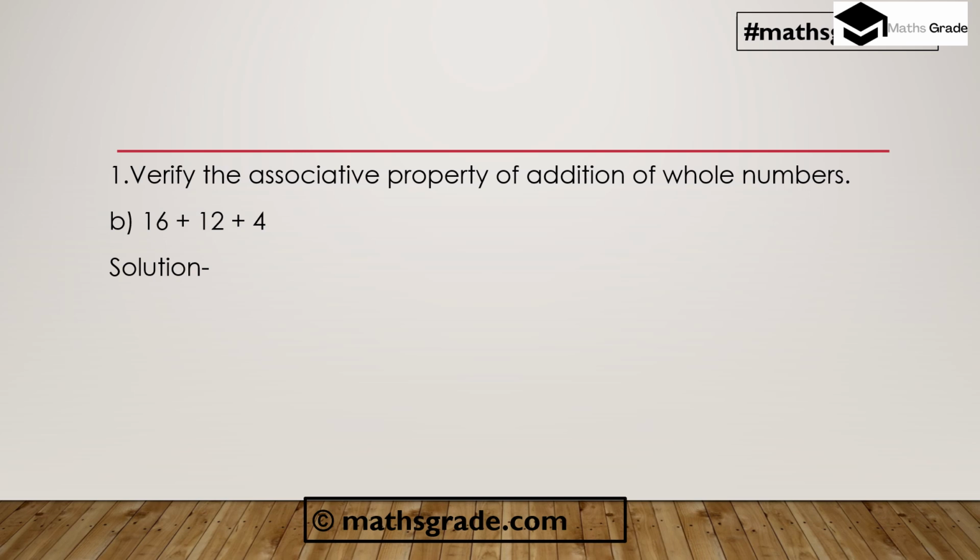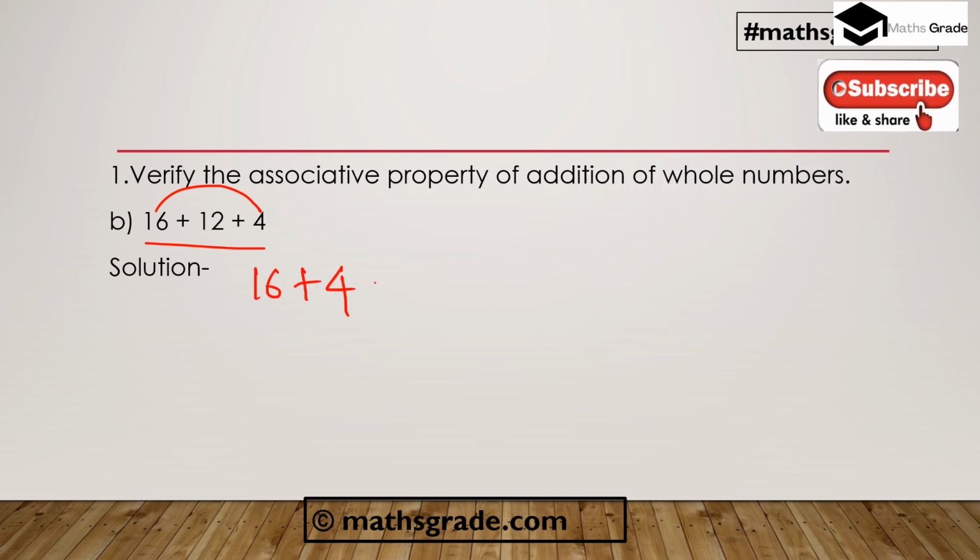Now question number second, bit B. 16 plus 12 plus 4. We know 16 and 4 is 20. We rearrange these numbers, that is we change the places of 12 and 4. 12 plus 4 will be 4 plus 12. 16 plus 4 plus 12.